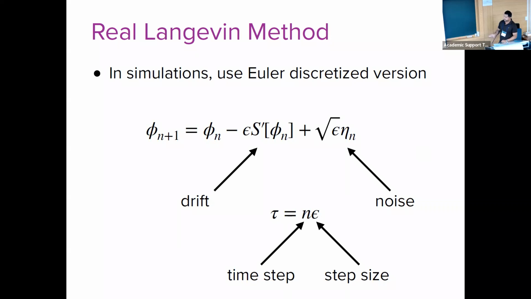Then the field at time step n is related to the field at time step n plus 1 through this relation, where we have the gradient of the action, then the step size epsilon, and then the noise comes in here with the square root. This square root of epsilon is very interesting, so why the square root appears there. So this is the evolution in discretized time.